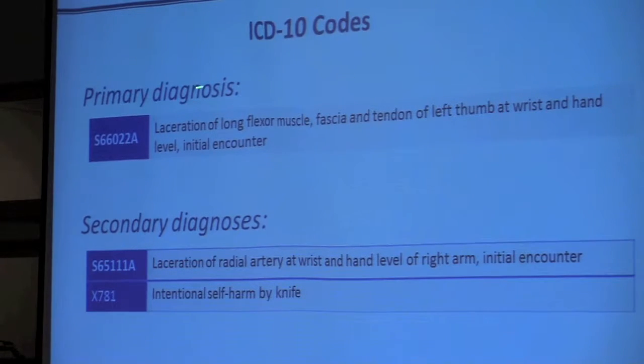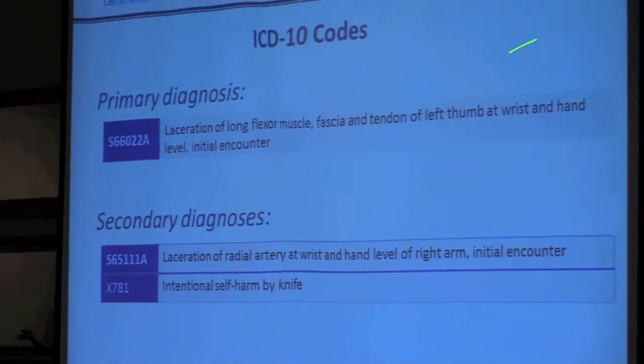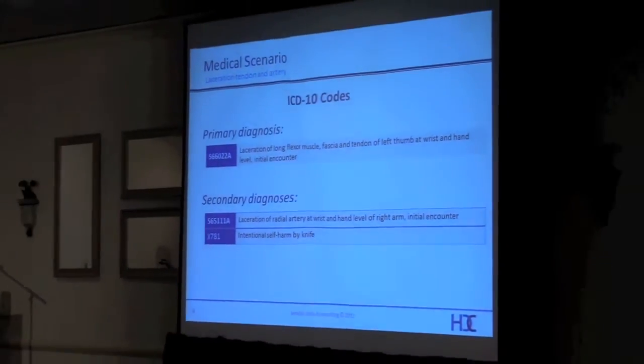Now, laceration can include long flexors, it can include extensors, it can include specific defined tendons, but in this case there is no one particular definition for flexor pollicis longus. It's simply a long flexor muscle, and it's at the wrist, not the forearm, not in the hand. Right? So you have those different levels. It involves the left thumb, and again, initial encounter.